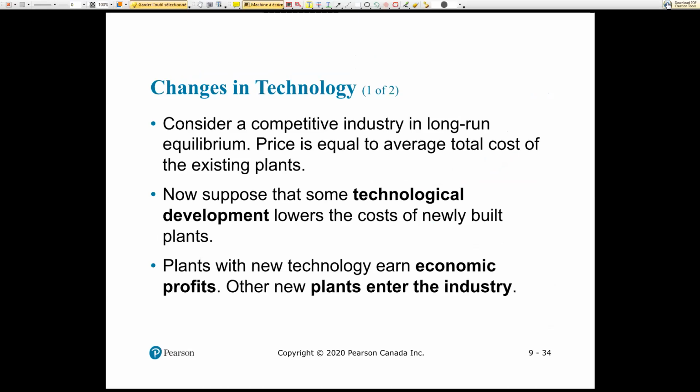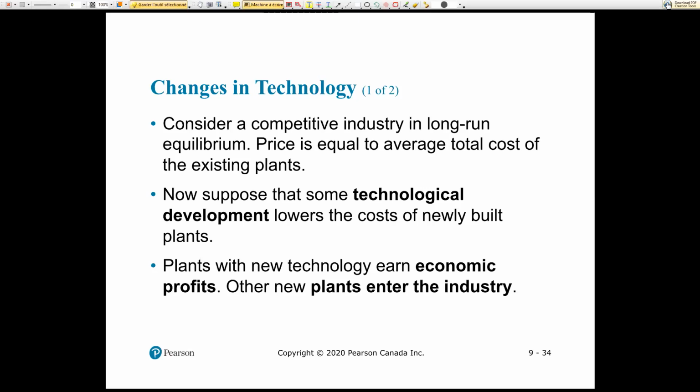Lastly, change in technology. If there's a technological development that makes a product better or lowers the cost, then again firms would enter the market to steal the market share of the old industry in place, and eventually they would drive them away if they don't adapt.